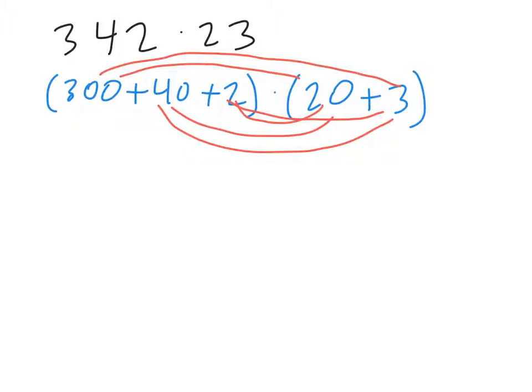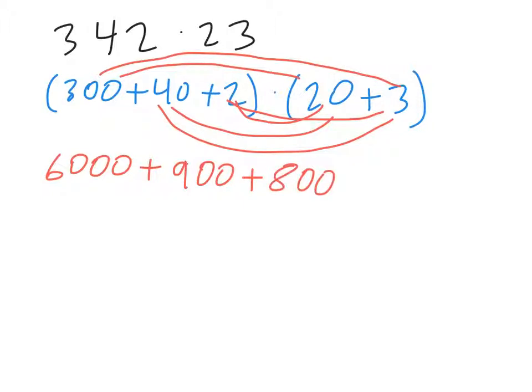So let's do each of these. So we've got 300 times 20 is 6,000, plus 300 times 3 is 900, plus 40 times 20 is 800. 40 times 3 is 120.